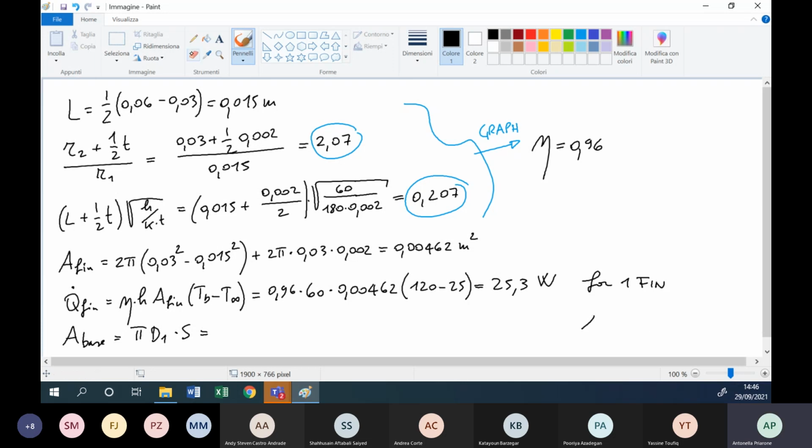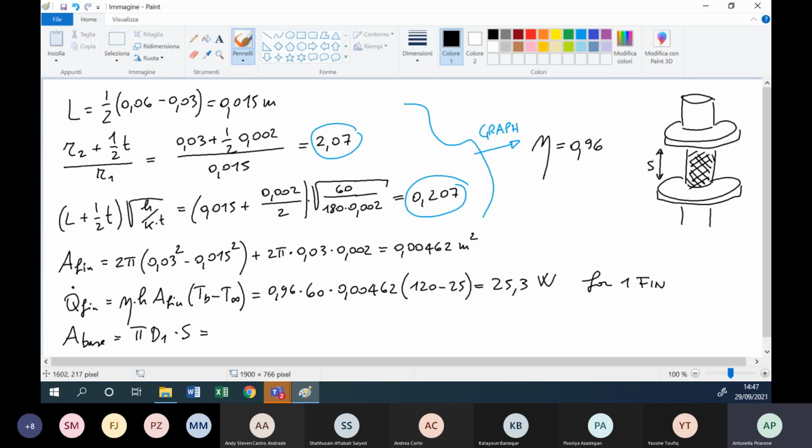This area of the base refers to one spacing, because s is only, I show you again, this one. The area of one space between two fins, because the spacing S is this one.